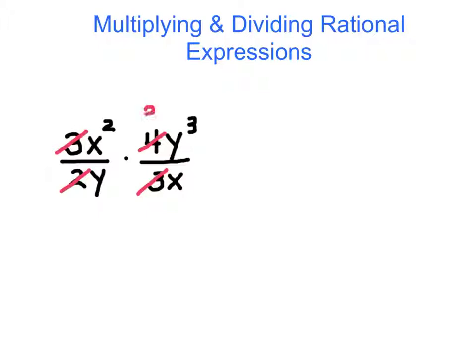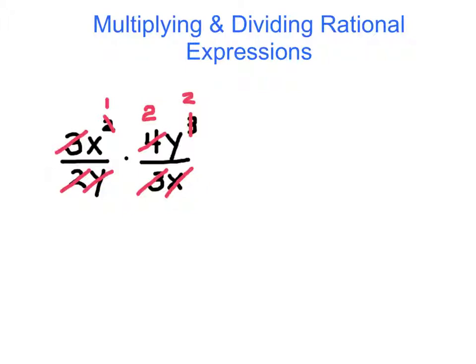So let's cancel out one of those 2's, leaving a 2. In the denominator there's an x, and this x cancels out one of the x's in the numerator, leaving an x to the first. In the denominator there's also a y. This y cancels out one of the y's in the numerator, leaving a y squared.